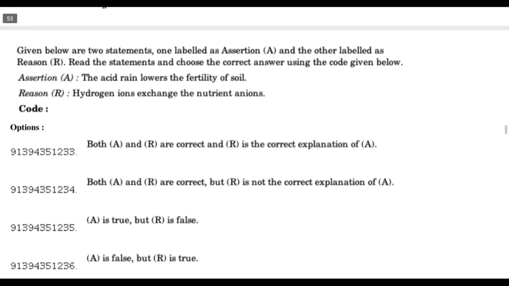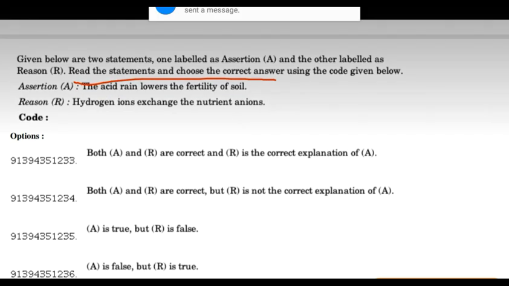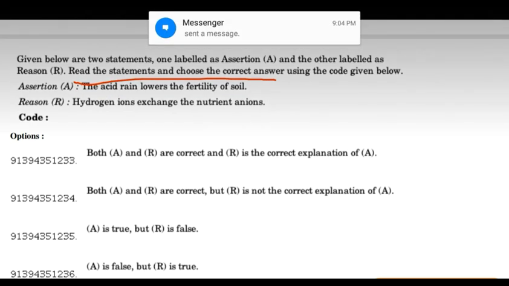Then one assertion and reason is given. The acid rain lowers the fertility of the soil. Hydrogen ion exchange the nutrient anions.